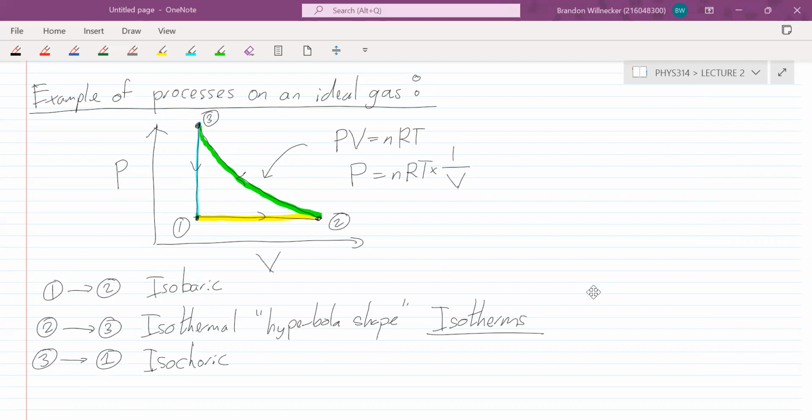Just again with this example, we went from state 1 to 2 to 3 back to 1. If we have that, then we call it a cyclic process.